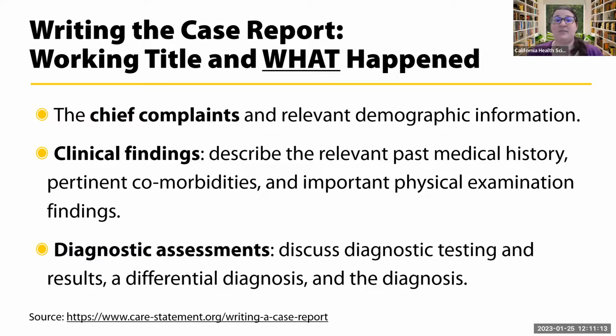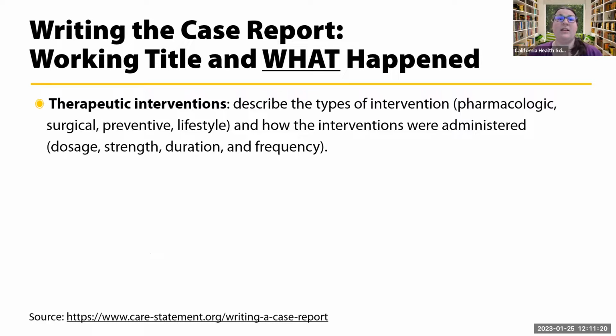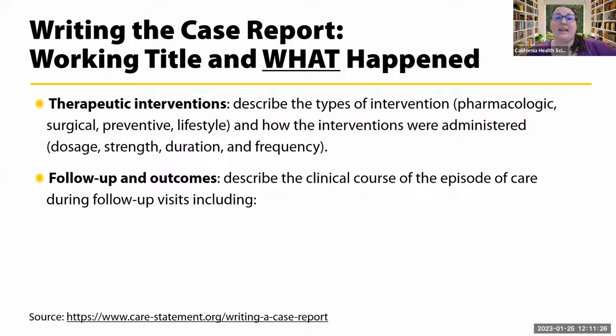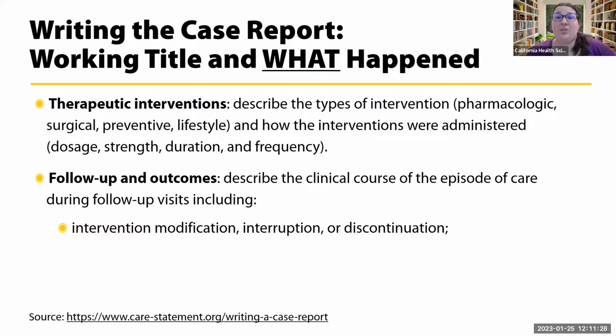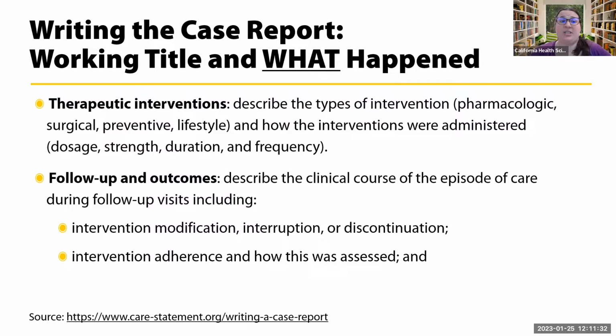Diagnostic assessments, so the testing and results, a differential diagnosis, and the diagnosis itself. It's also going to include the therapeutic interventions that you did and how they were administered, any kind of follow-up care, which could include intervention modification, interruption or discontinuation, how well the intervention was adhered to and how this was assessed, as well as any adverse effects or unanticipated events.